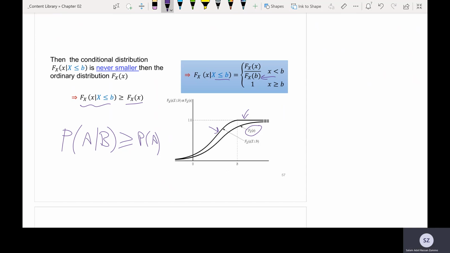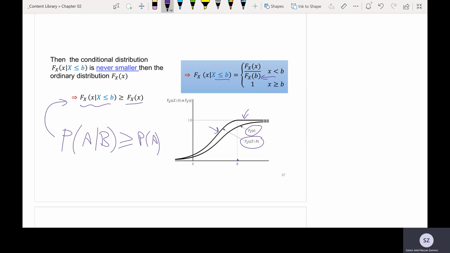And because the conditional CDF is a probability and the CDF is a probability, it applies here. You can see here that between 0 and before b, the conditional CDF is larger than the CDF. This is the conditional CDF, this is the CDF.